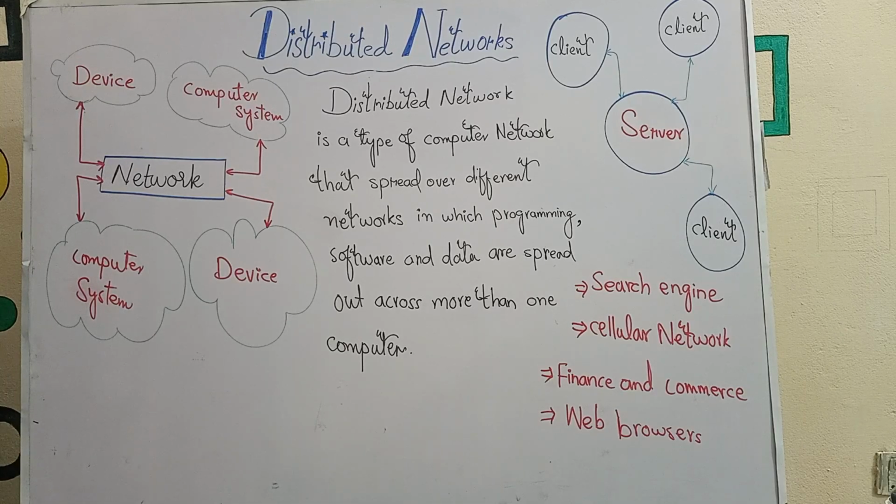In cellular networks, the information is distributed from a base station, from area to area. The signals are broadcast from a single source, the base station, to several areas. In this way, cellular networks are examples of distributed networks.